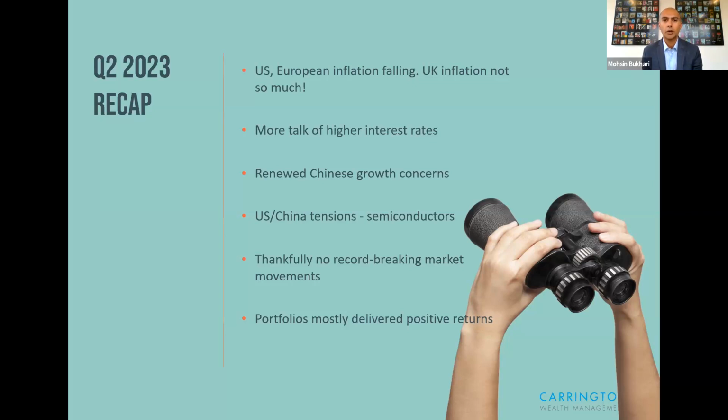There were renewed Chinese growth concerns, which have been rolling on for a few quarters now. In addition to that, there were US and China tensions, again ongoing, but more recently these seem to have focused more around semiconductors, and I believe only last week the Chinese were talking about perhaps restricting the supply of the raw materials that are required for semiconductor manufacturing.